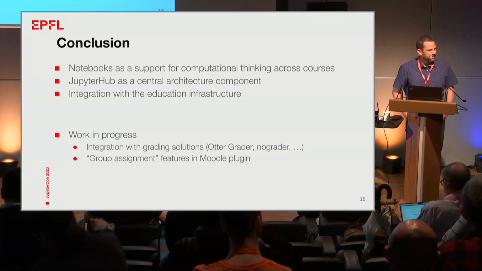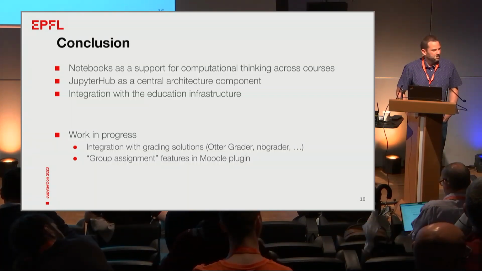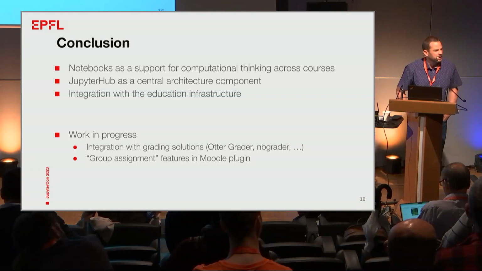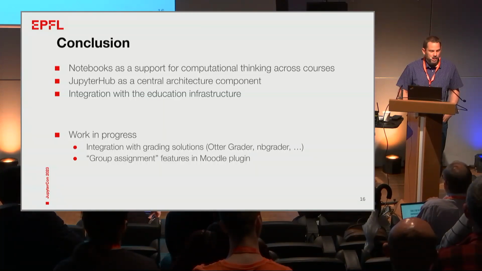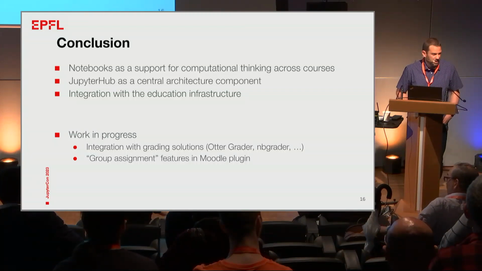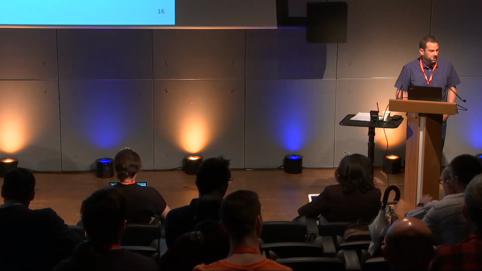You have a single instance of Jupyter Hub which caters all the 11,000 users? Yes. And the latencies are okay? Are you happy with this? Yes. I mean, we have 11,000 plus users, but only 5,000 of them are active during the semester.